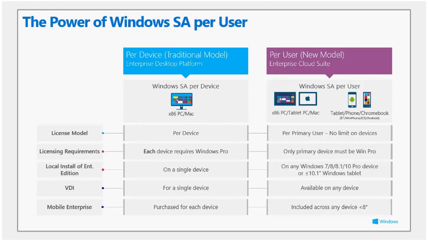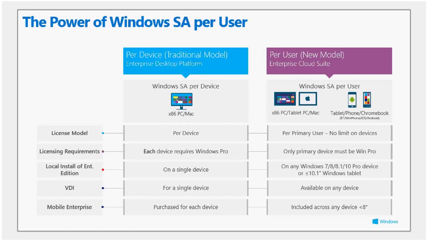With the per-user model, you pick primary users, and the primary device used by that user must have Windows Pro pre-installed. Beyond that primary device requirement, any secondary devices beyond the primary device can be covered by software assurance benefits without needing the Windows Pro pre-install.